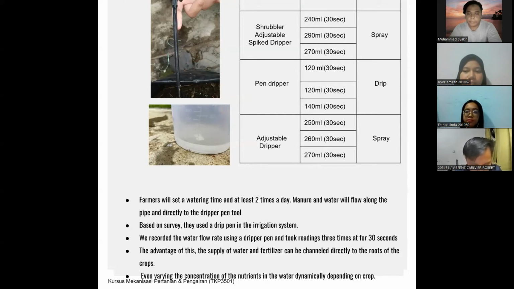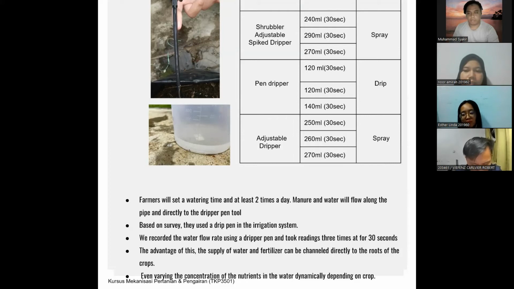Okay, next component is main lines. Main lines pipe usually has a diameter between 32 millimeter and 40 millimeter.